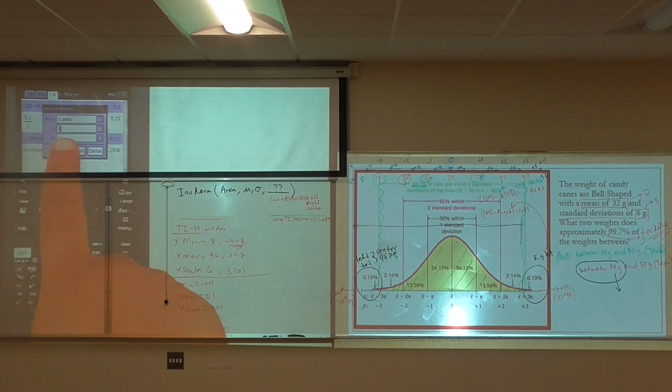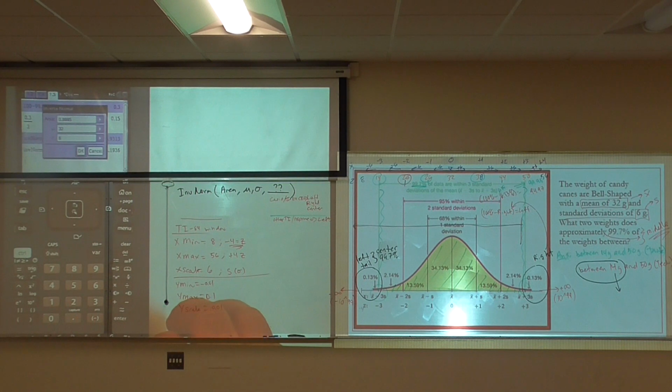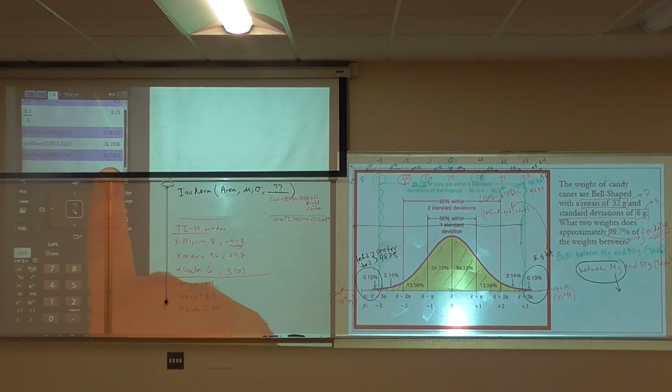Over here, it's going to be the same thing, 32, and over here is going to be 1. Sorry, 6. So now what we do, we're getting the corresponding left tail that's going to match the right tail. So when I enter it, notice how, is it wrong? No, it's good.